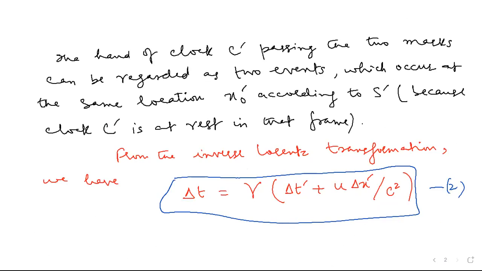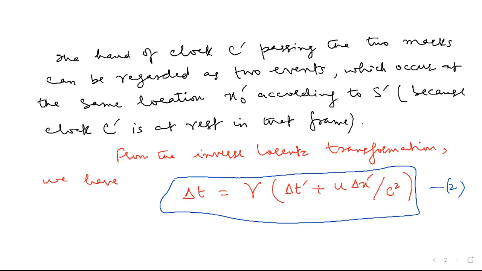This general expression gives the time interval delta t measured by S corresponding to the time interval delta t prime measured by S prime for events that are separated by a distance delta x prime.